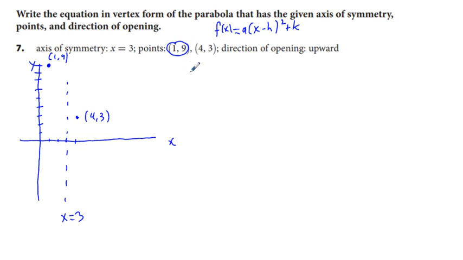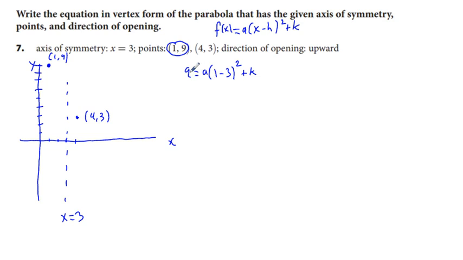So our point is, our y value is 9, so 9 is equal to a, which we don't know, times x, and x is 1, minus h, which is 3, squared plus k.